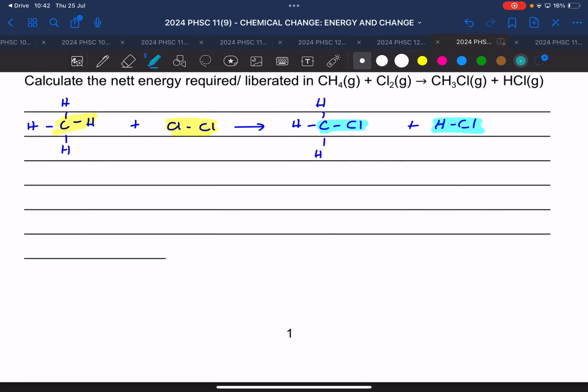Okay, so where am I with my questions? Chlorine, let's start with you. To break bonds, what do we call that energy again? Dissociation. So the dissociation energy, I have 1 mole of carbon hydrogen and 1 mole of chlorine. That broke and that broke.